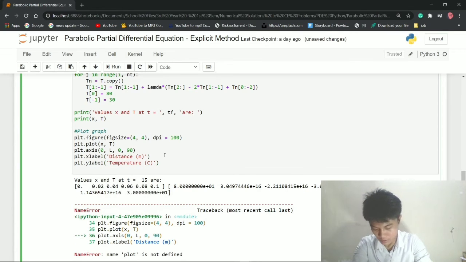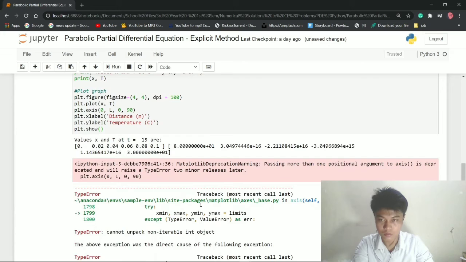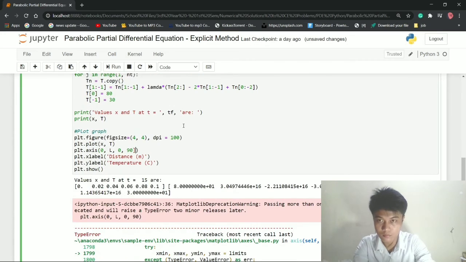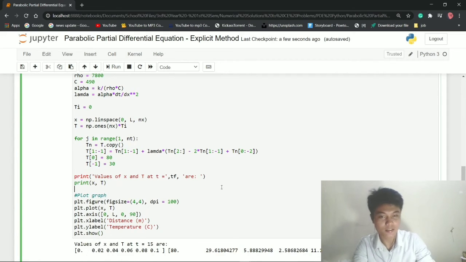And then next, we show our graph, plt.show. Whoops. Error. So, yan. Tapos na natin yung ating codes. So, tingnan natin. Press natin yung Shift Enter para makita natin yung graph.